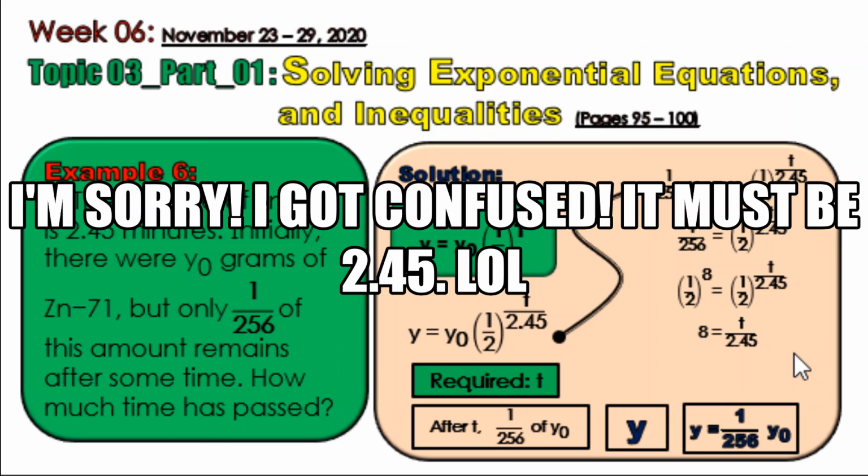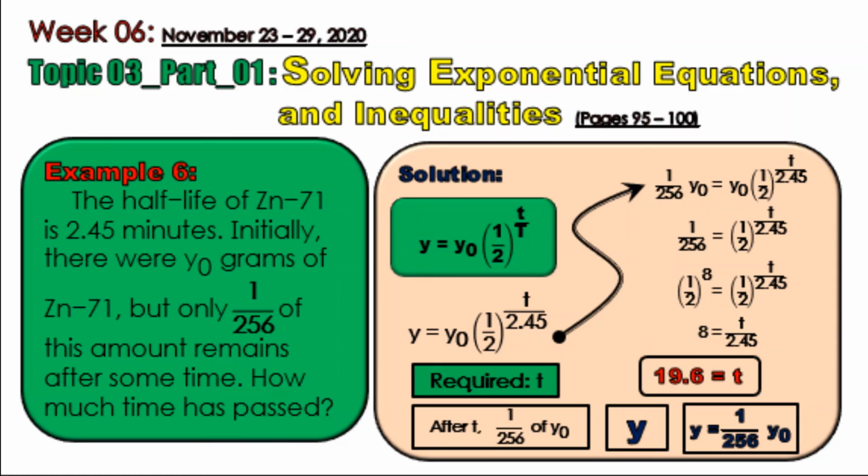Multiplying both sides of the equation by 256, the value of t is 19.6, and the unit of time is minutes. So therefore the value of t is 19.6 minutes. That is one of the applications of solving exponential equations and inequalities.